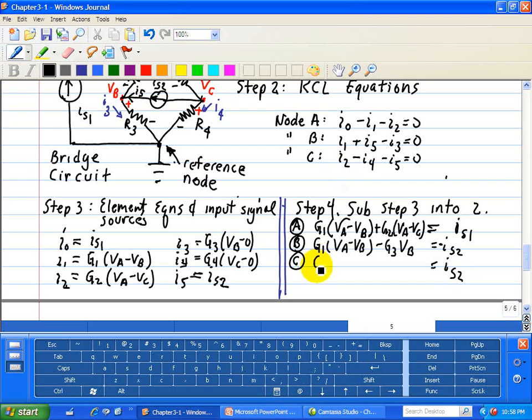I2 is simply G2 times VA minus VC, and then I4 is minus G4 VC. So now that we've completed step 4, we're going to finish it off and write it down in terms of our standard form.